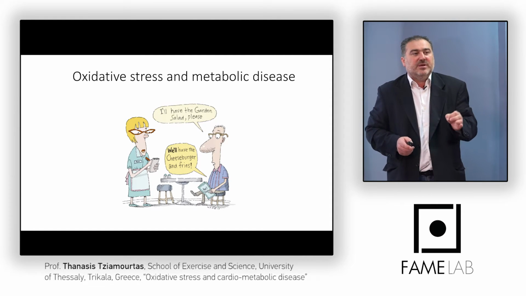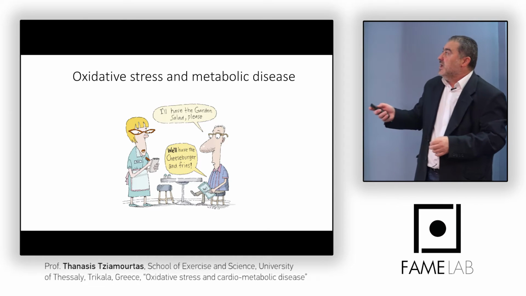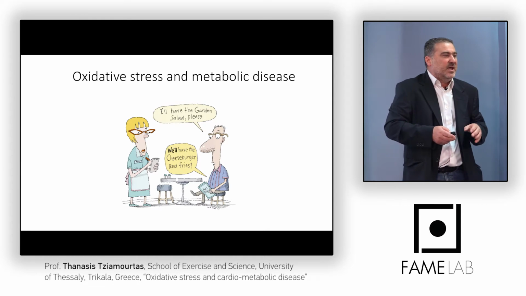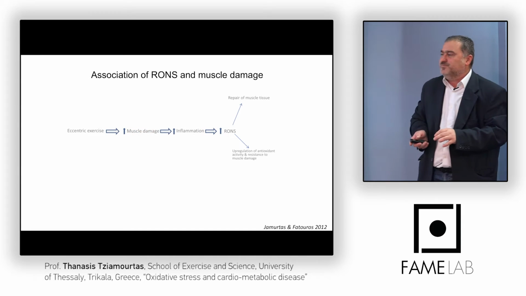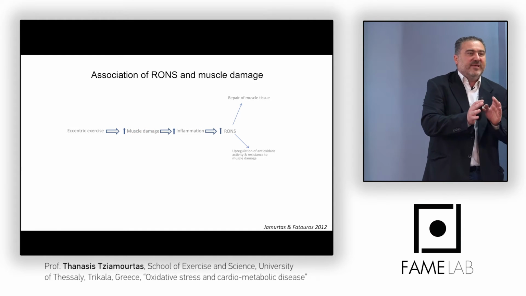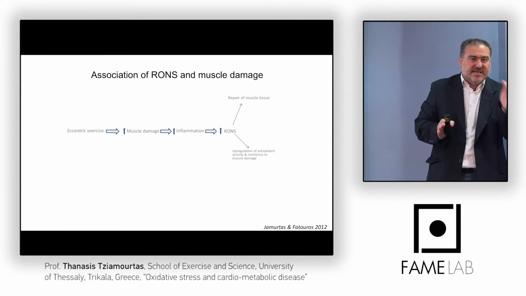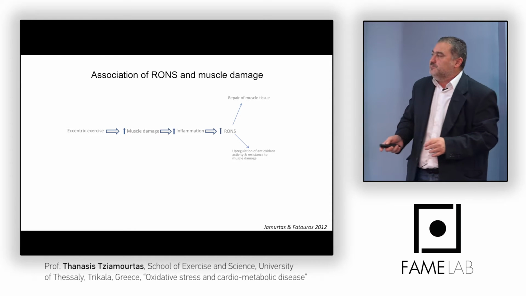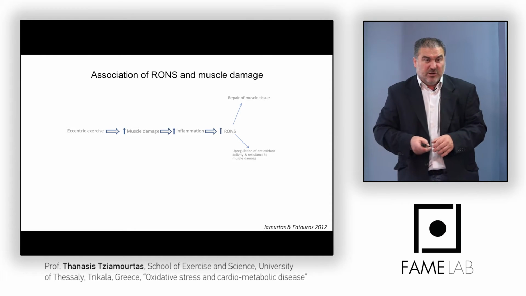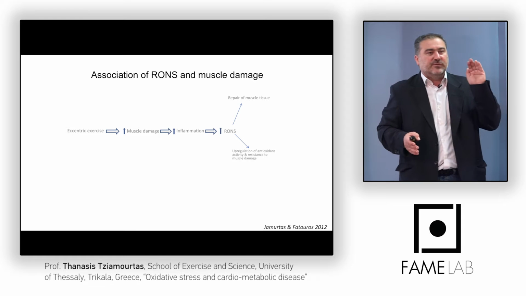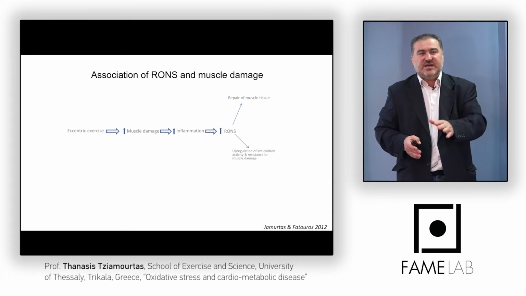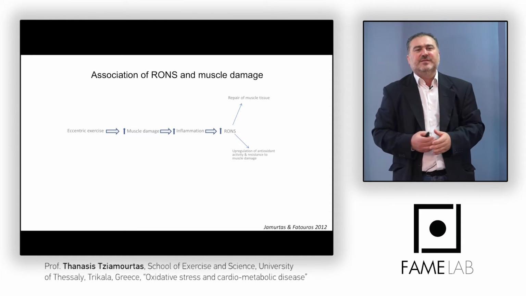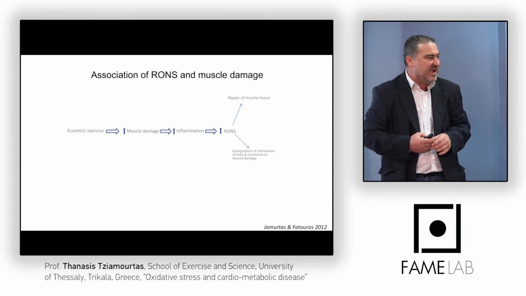Lastly, I'm going to talk a bit about oxidative stress and metabolic diseases, and in particular I'm going to focus my talk on the eccentric type of contractions, because lately if you search PubMed for eccentric exercise, you're going to get more than 10,000 hits back.